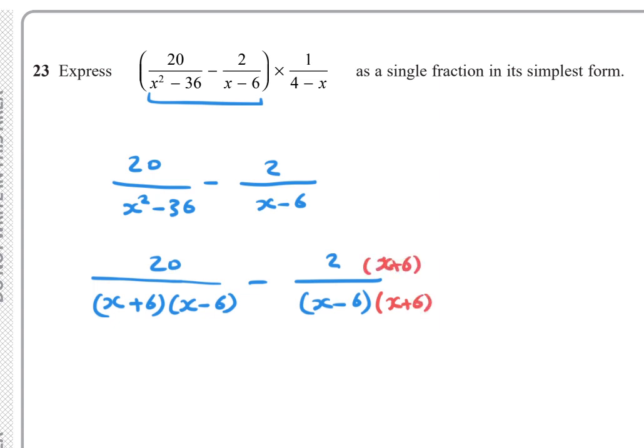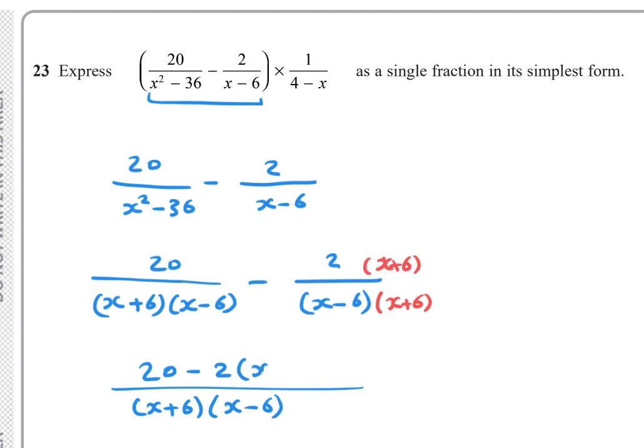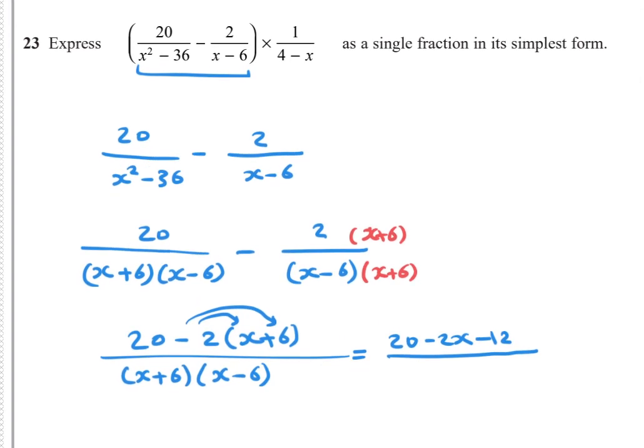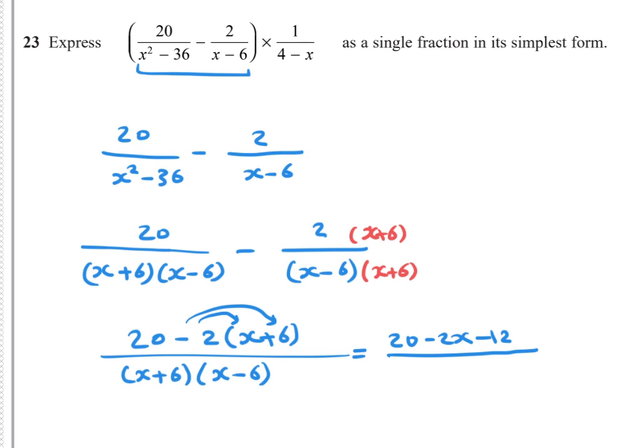Now you have the same denominator, (x plus 6)(x minus 6), and the numerator will be 20 minus 2 times (x plus 6). We can simplify the numerator: 20, negative 2 times x is negative 2x, and negative 2 times positive 6 is negative 12, over the same denominator.